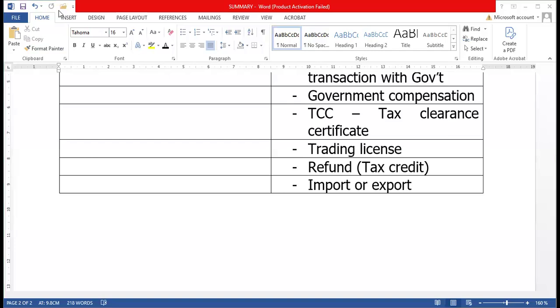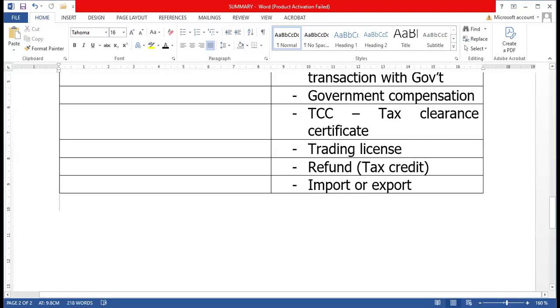So if you are an individual, how do you then get a TIN? How do you apply for a TIN, practically? If you are an individual, it could be you are employed somewhere.